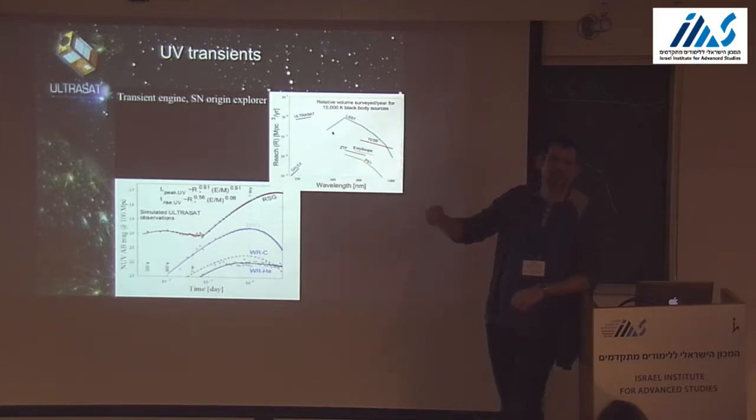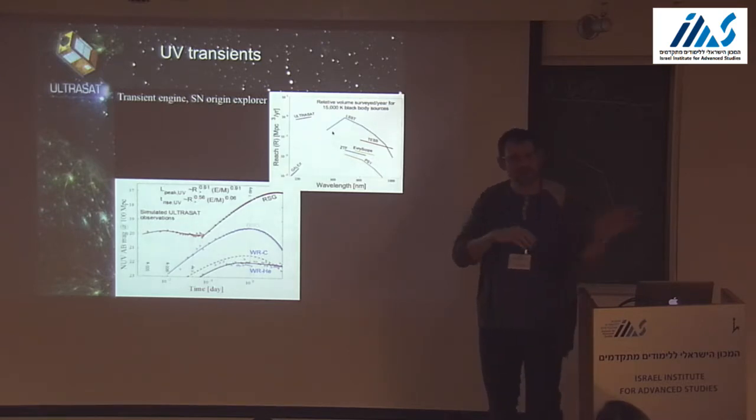So this is only based on sources that we already saw in the UV. Of course, we'll be missing some population of sources that are dusty, but they don't go into this calculation. So in that sense, it's dust corrected empirically, right? We don't assume anything about how much dust there is and extinction laws and all of that. It's just based on the number of supernovae we see in the UV.